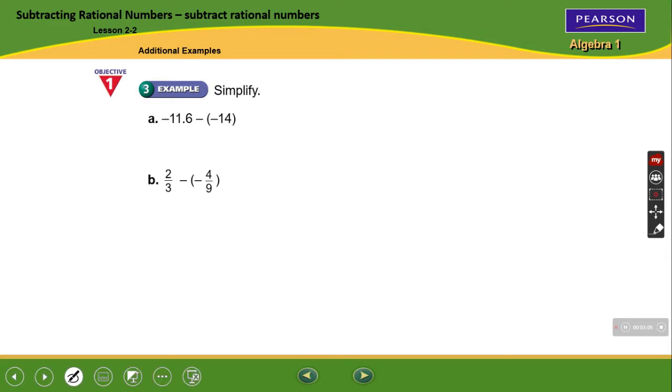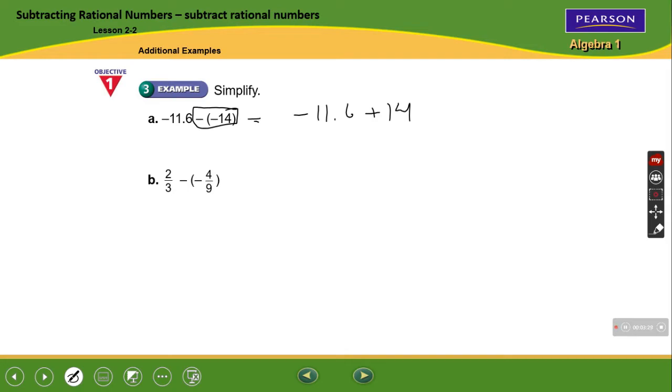All right, this one says to simplify -11.6 minus -14. So that's the same as -11.6 plus +14. If I'm taking away a negative, that's the same thing as adding a positive. -11.6 plus 14.